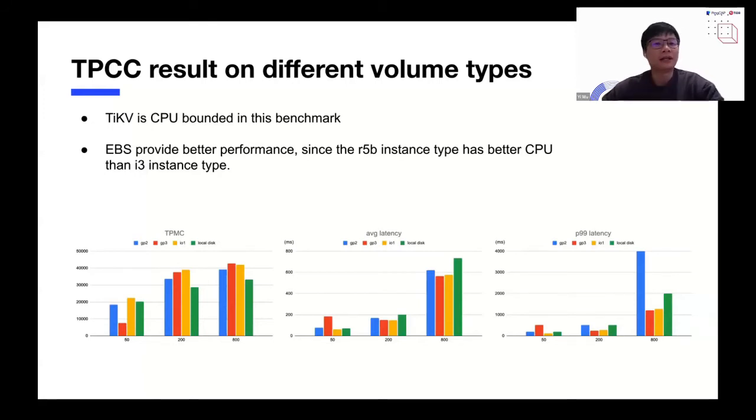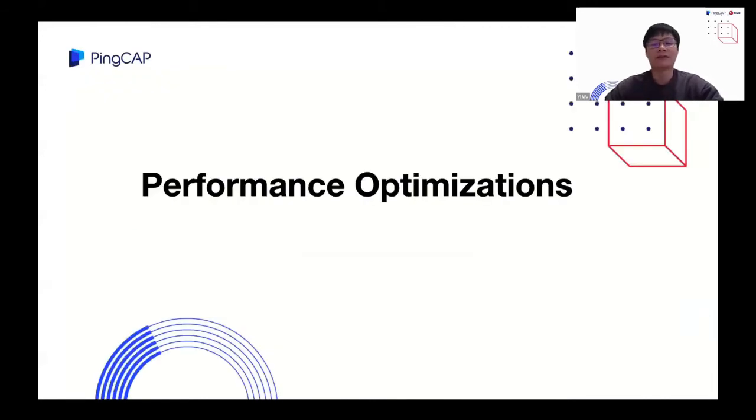And so we switched from using local disk to using EBS, and over time we have more and more users using cloud disks, and we are gaining more experience with EBS. We noticed there are some optimizations that we can do to improve the performance when running TiDB on EBS.